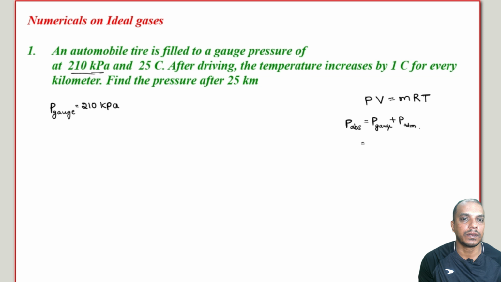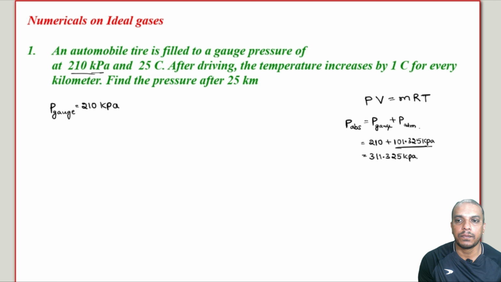So, gauge pressure is 210 kilopascal and we know atmospheric pressure is 101.325 kilopascal, and this is a known value. So, we will get 311.325 kilopascal.